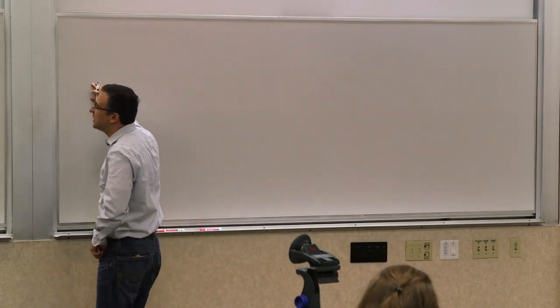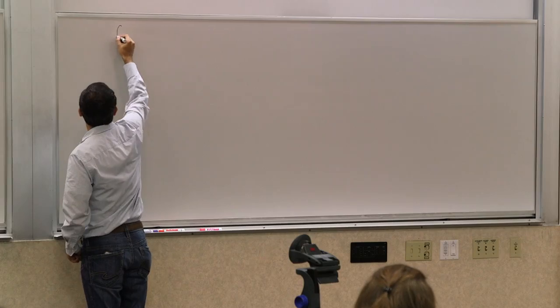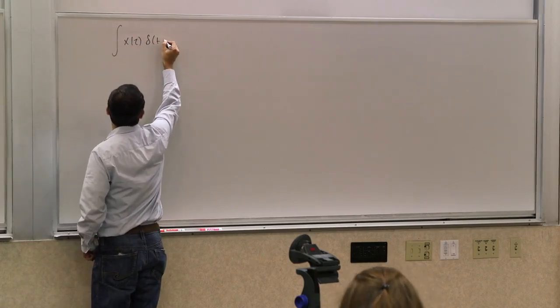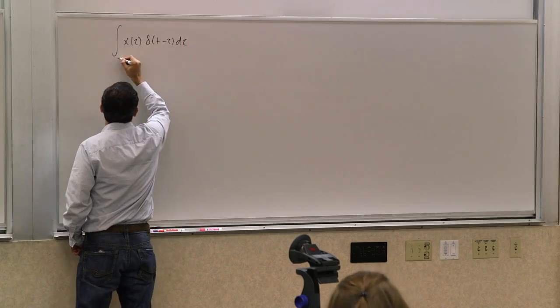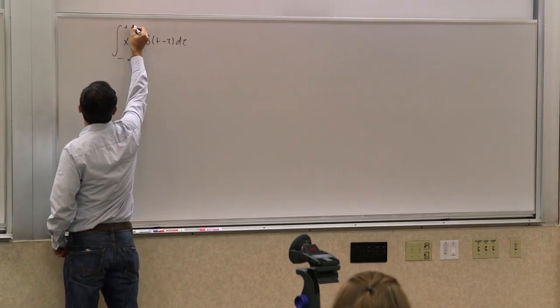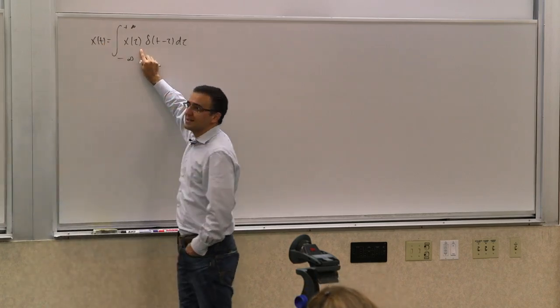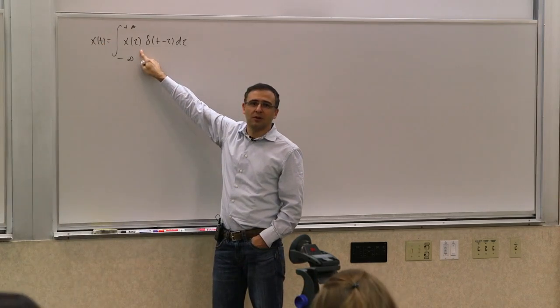The key property of a delta was the shifting property, meaning that the integral of x of tau, delta of t minus tau, d tau, from negative infinity to positive infinity, is going to be x of t. We thought about this as a lookup table for different values.